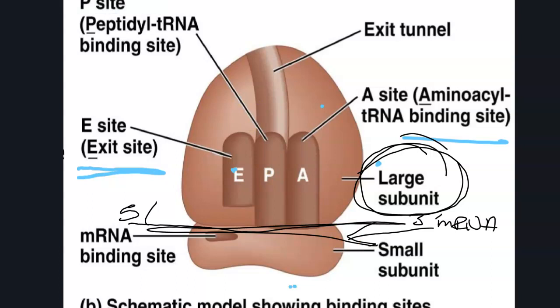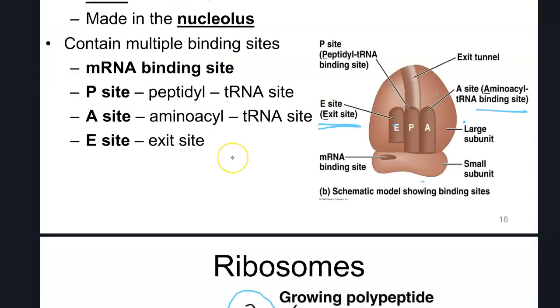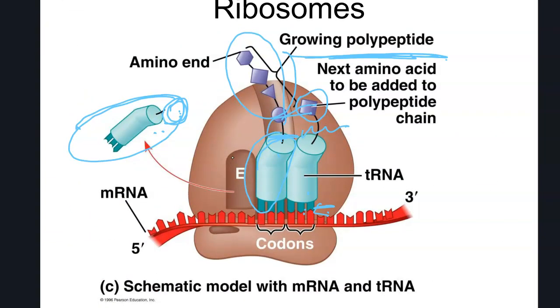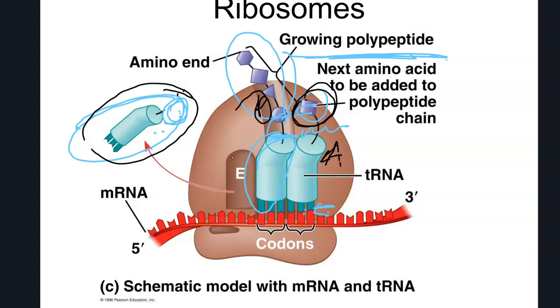What that looks like is this. Okay? So the E is always the exit. You can see there's no amino acid on this tRNA, right? The tRNA that comes in, the new one, comes into the A site. And then this right here where this is sitting, this is the P site.